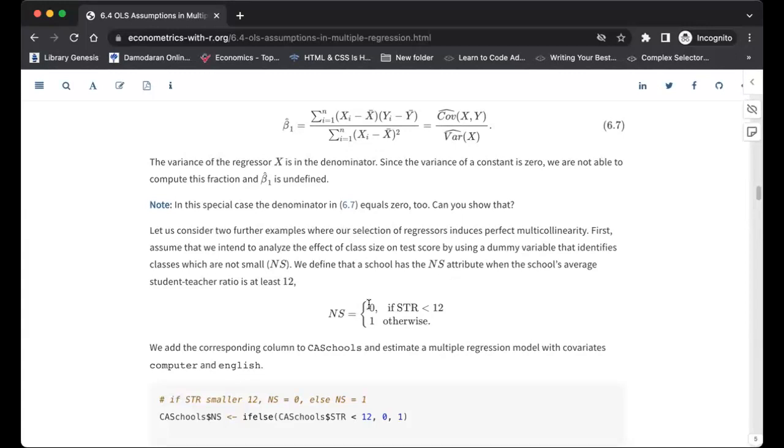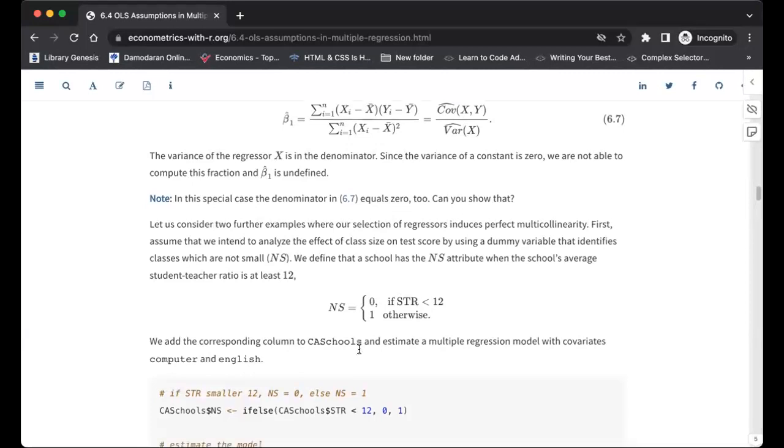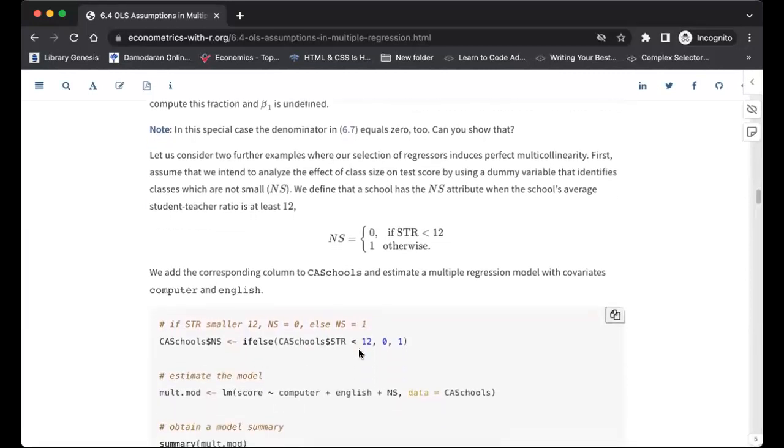So NS is 0 if the student-teacher ratio is less than 12, and 1 otherwise. When we add the corresponding column to the data and estimate, the model will have a multicollinearity problem.